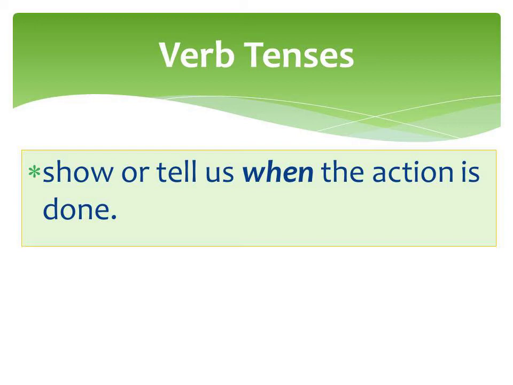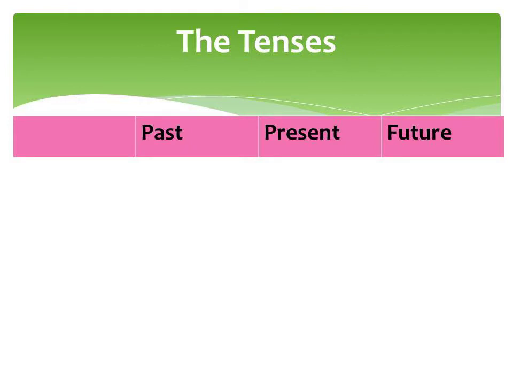So there are different tenses of verb. Let me just show you all the tenses so you will have an overview of what you're going to learn today. Here are the tenses: the past tense, present tense, and future tense. You are probably very much familiar with these three, right?